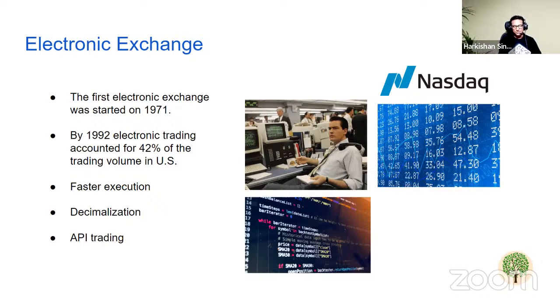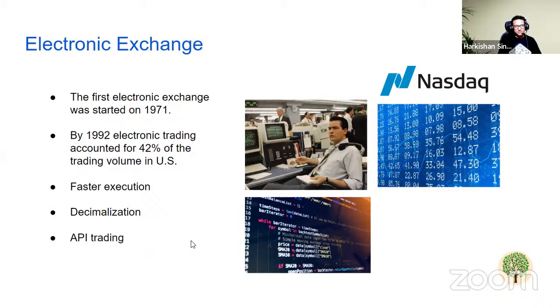Then decimalization took place, and you can see the decimal in the price. So you can even trade on the difference in cents, and that is where high frequency traders take the profit. And finally, what we are interested in: because of electronic exchanges, it facilitated API trading.